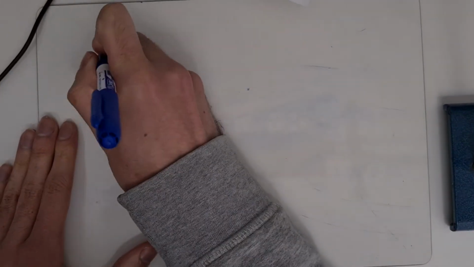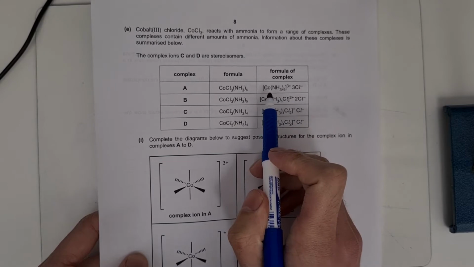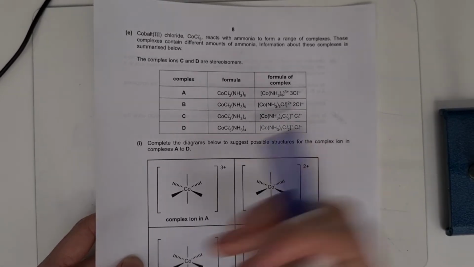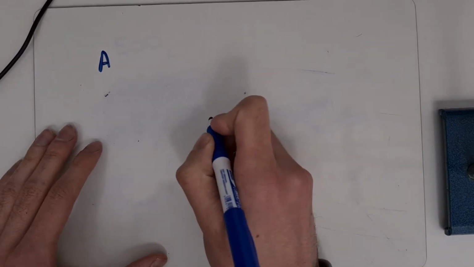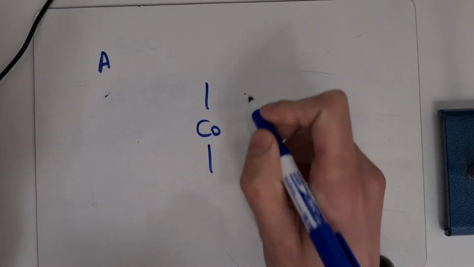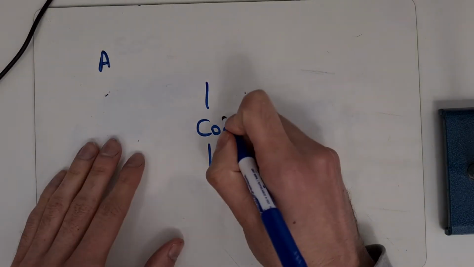I'm going to start with A, which, just to remind you, had cobalt with 6 ammonia coordinate bonds attached to it. It's a 3+ ion, and that forms an ionic bond with 3 chlorides. The question gives you the octahedral structure of the complex ion to draw.